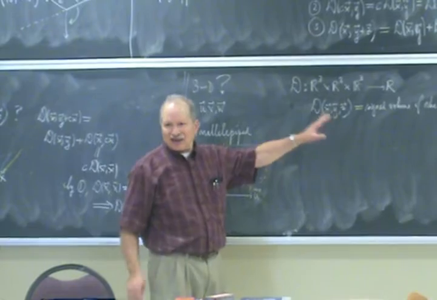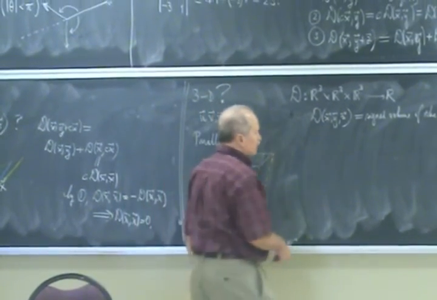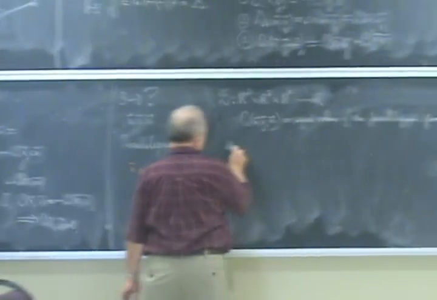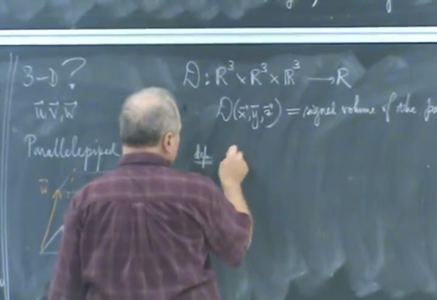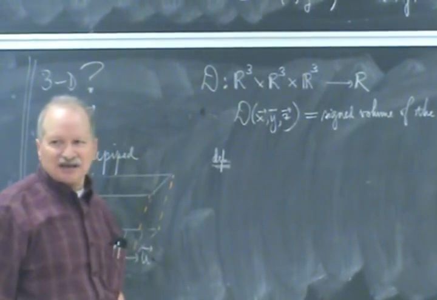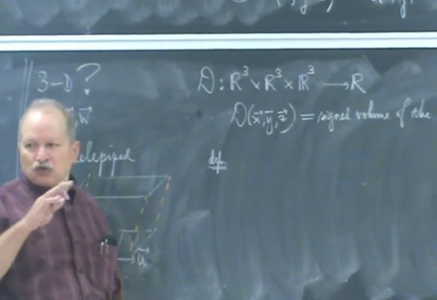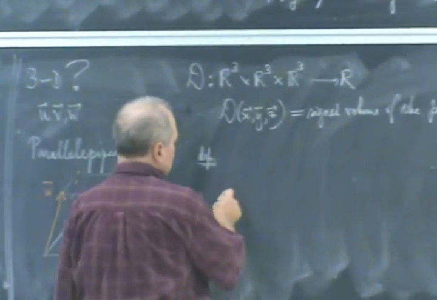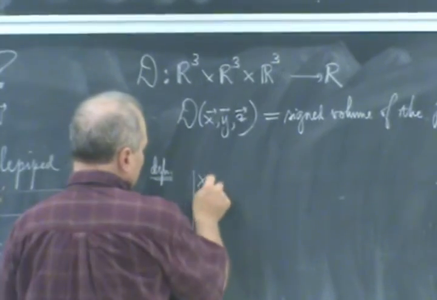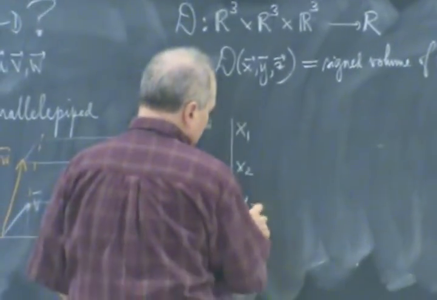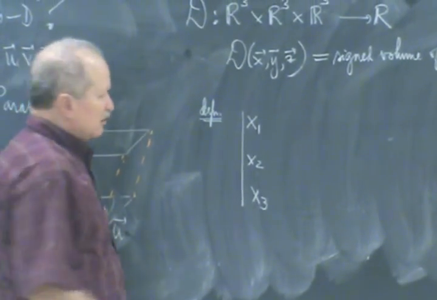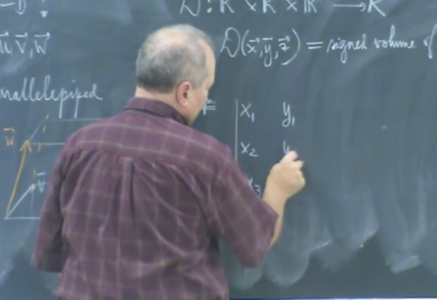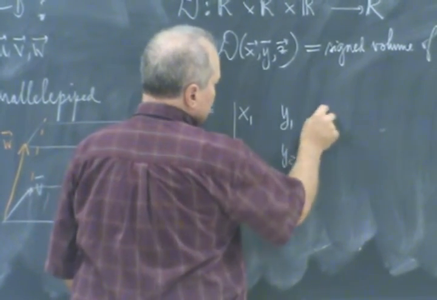So there's a geometric notion, and I will finish for you by giving you the algebraic definition, and then we're going to spend Friday using this stuff. So here's the definition. Most of you have seen some version of this, except you're used to rows rather than columns. So here's x, here's y, here's z.